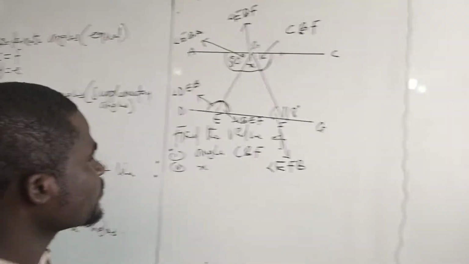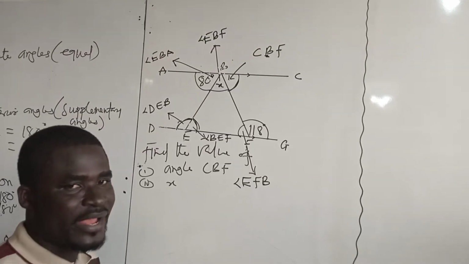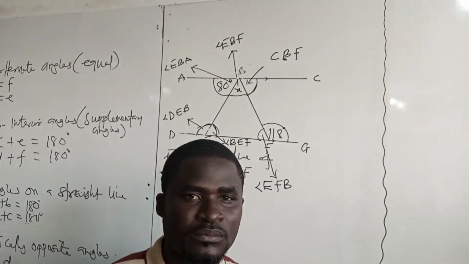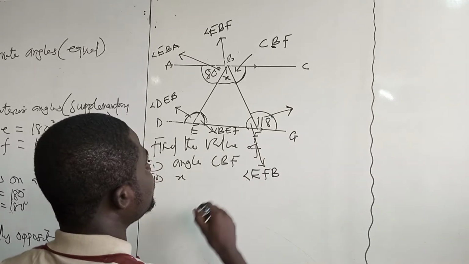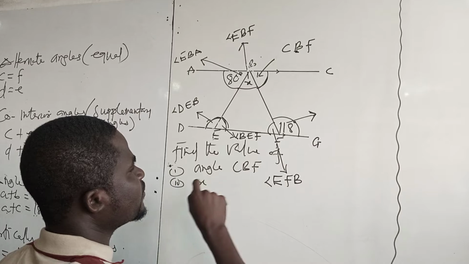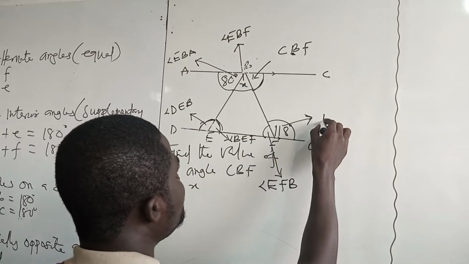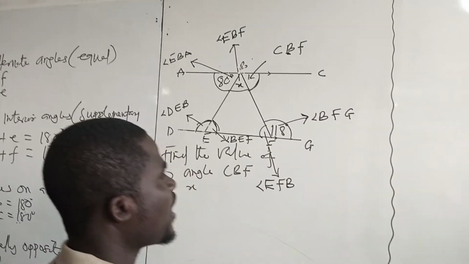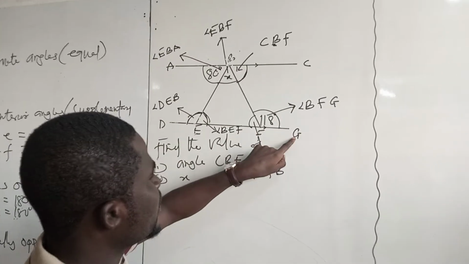Okay? Good. Now let's come to this angle. We are learning how to create the angles. If you learn how to create the angles, you don't have a problem. Now, this angle will be BFG.